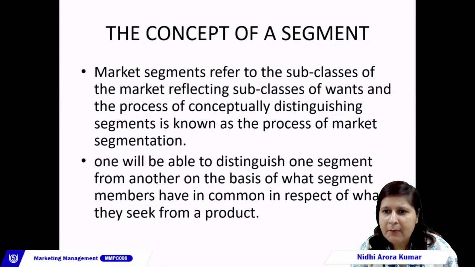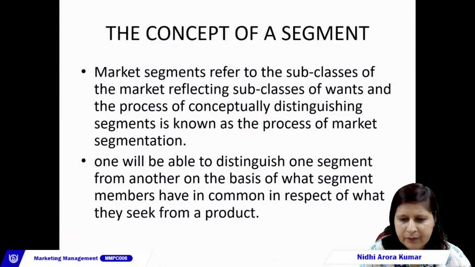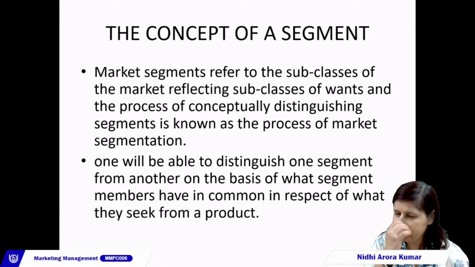When we divide the market or the population into groups on the basis of their common needs and wants, that is known as the segmentation of the market. One will be able to distinguish one segment from another on the basis of what segment members have in common in respect of what they seek from a product.